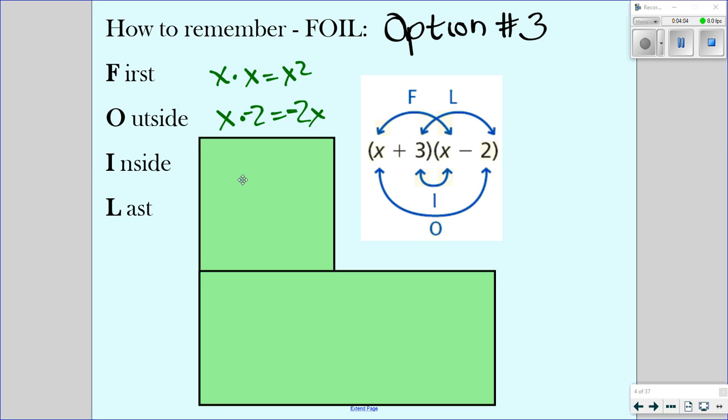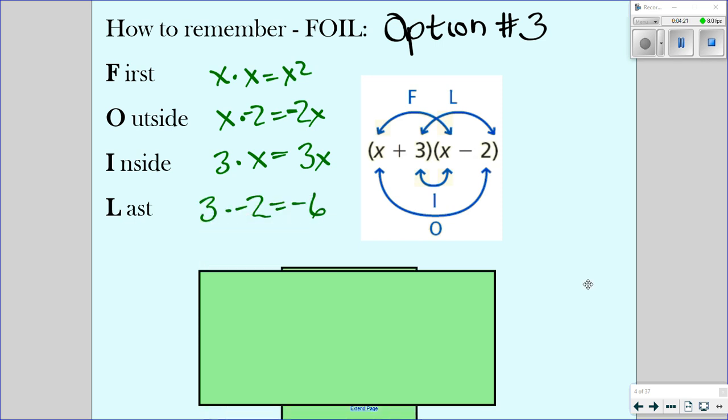So 3 and x, so 3 times x is 3x. And the last term of each of the parentheses, so we've got 3 and negative 2. Don't forget, if there's a sign in front of the number, that has to be with that number, or if it was a variable, with that variable. So 3 times negative 2, negative 6.